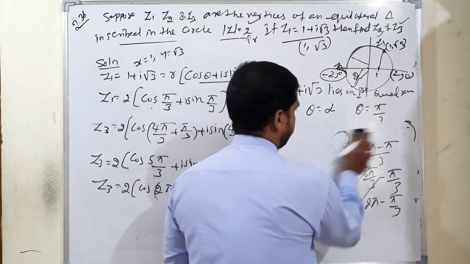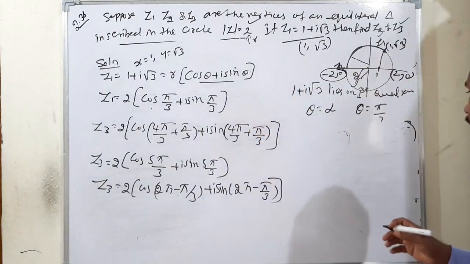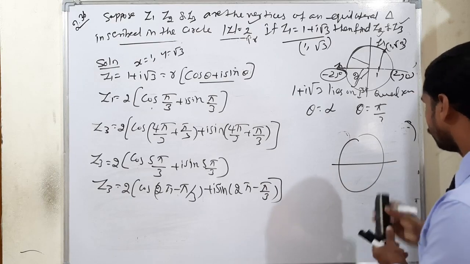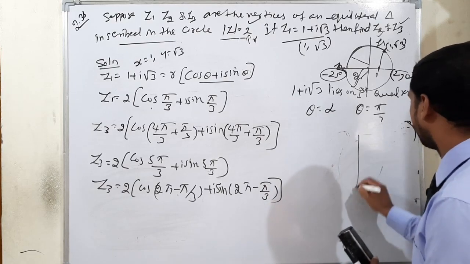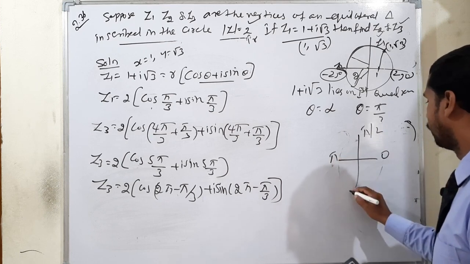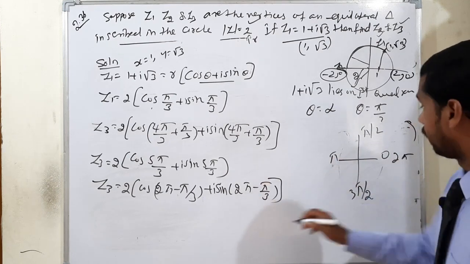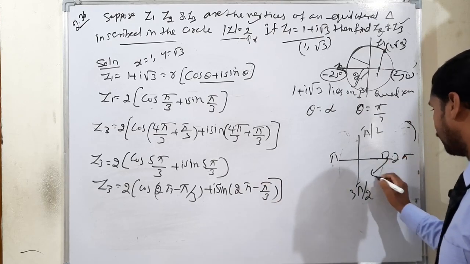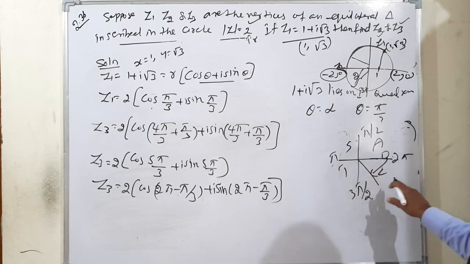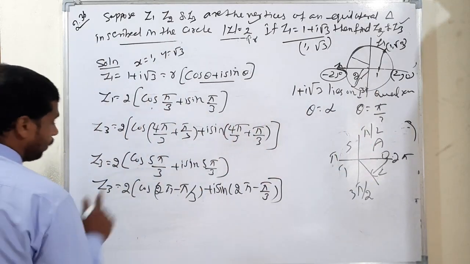So, the quadrant of 2 pi minus pi by 3: what will happen? No need for the circle. Quadrants are 0, pi by 2, pi, 3 pi by 2, 2 pi, and so on. 2 pi minus means it lies in the fourth quadrant. In the fourth quadrant, by the 'all silver tea cups' rule, only cos is positive. So, cos is positive but sin will be negative.